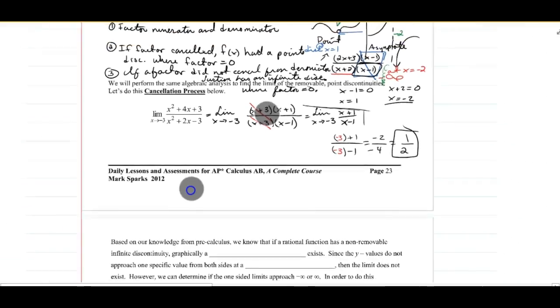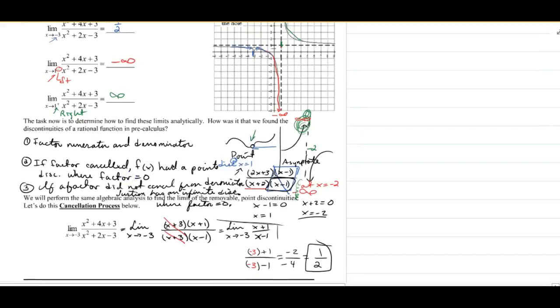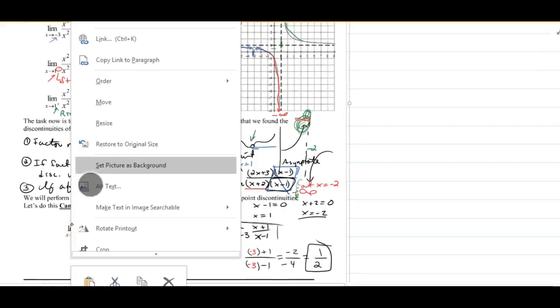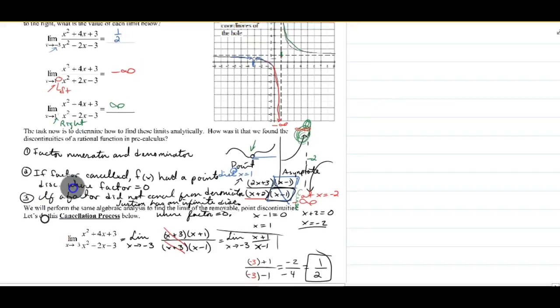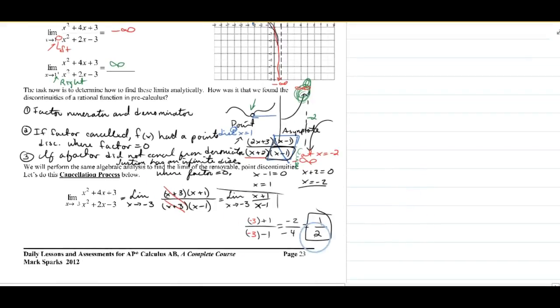And if we look back at our graph, when we evaluated this one right up here, we can see that when we took the limit as x approached negative 3, we approached negative 3 here, and we got a y value of 1/2. And we see the same thing down here analytically.